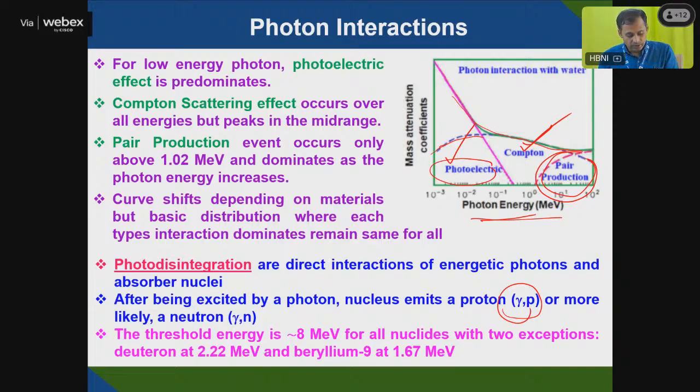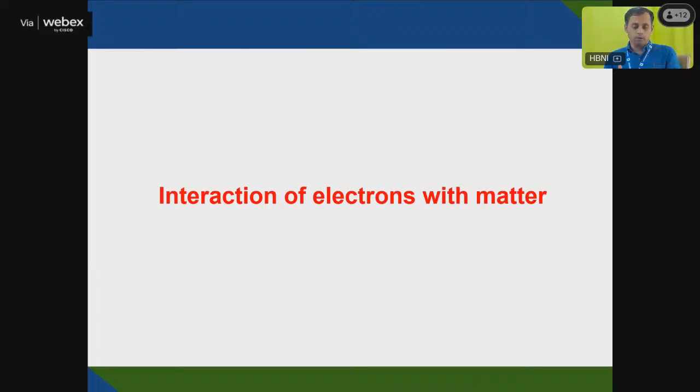For this, a minimum threshold energy of high energy, like 8.5 MeV, is needed for most nuclei. In the case of deuterium, 2.2 MeV is possible, and for beryllium 1.67. But in general you need much higher energy to see the photodisintegration process.